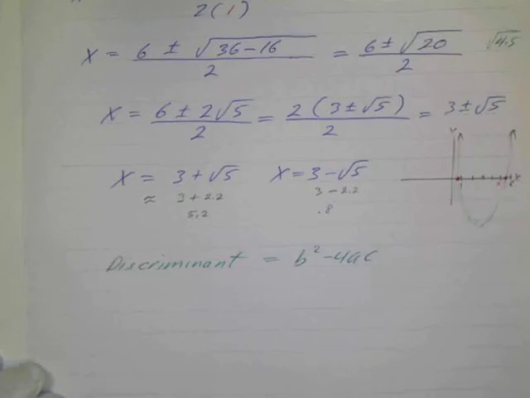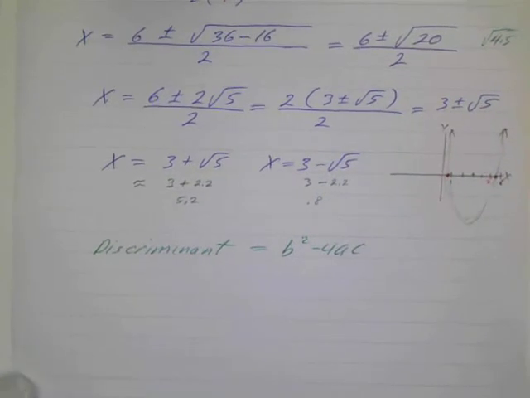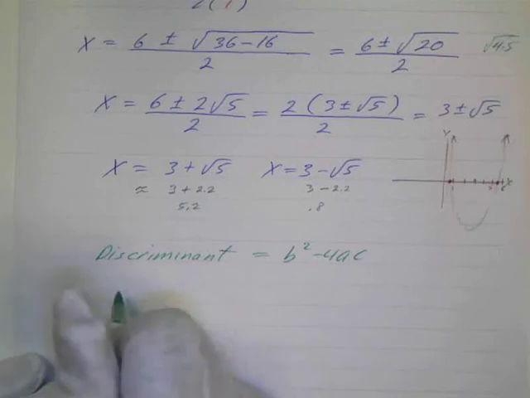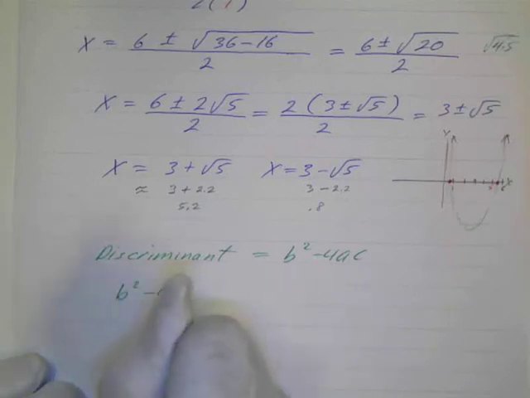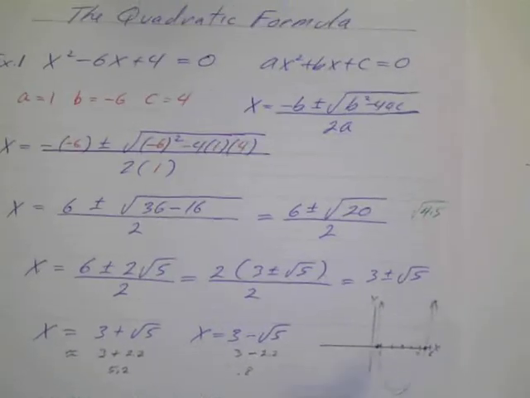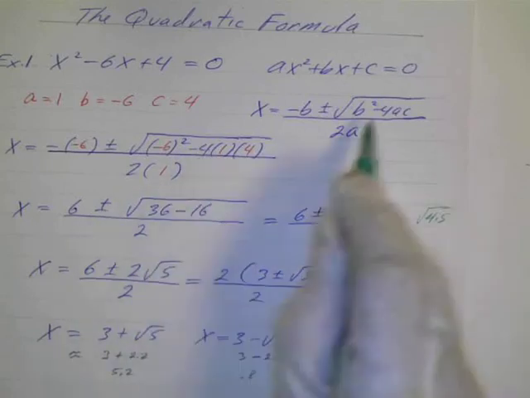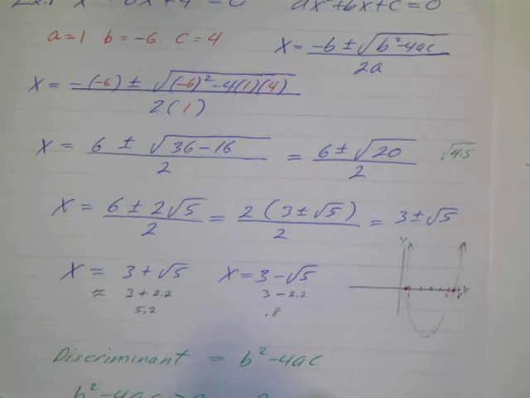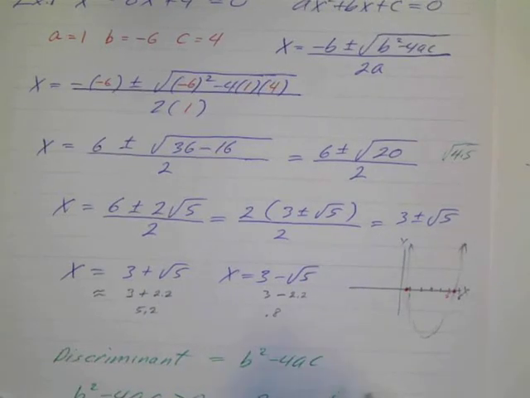Now, if that was positive, or greater than 0, what did we have? Like in this case, what was under the radical was positive. So we had 2 real roots or solutions.